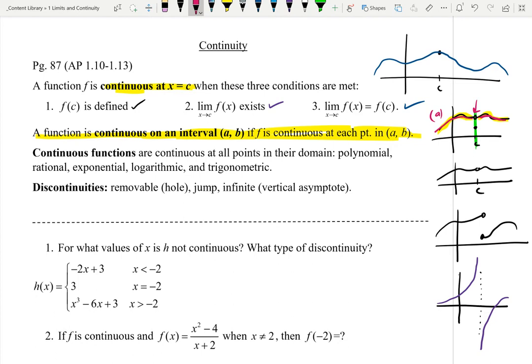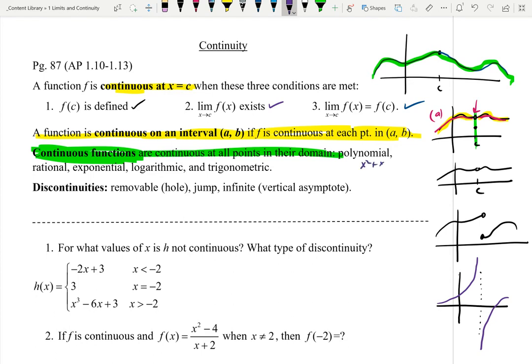Many functions are continuous everywhere, and we call those continuous functions. So the graph that I've drawn here, my prime example, we would classify as a continuous function because it's continuous everywhere in its domain. Most of the functions we deal with on a daily basis are continuous functions. Polynomials, they're continuous everywhere.